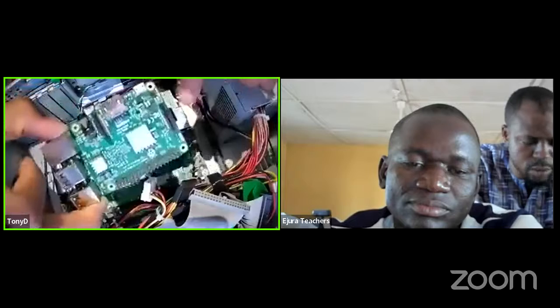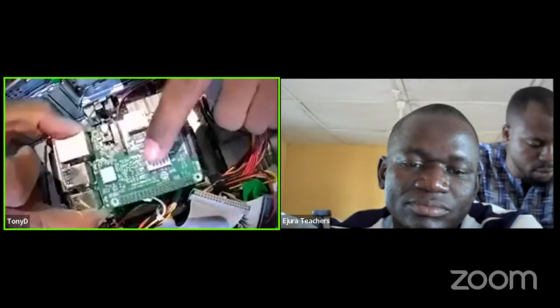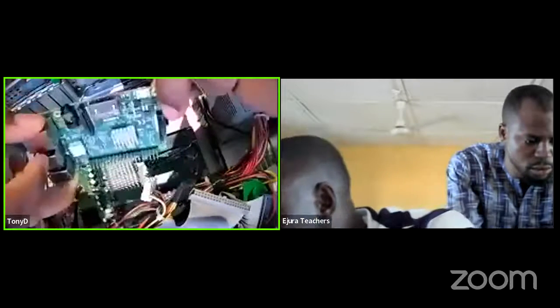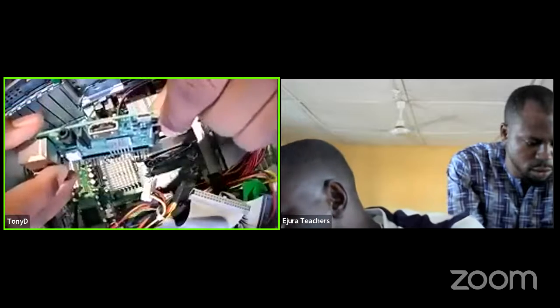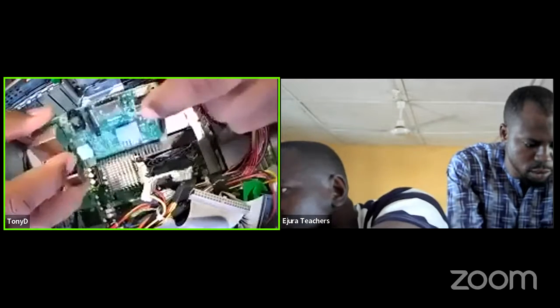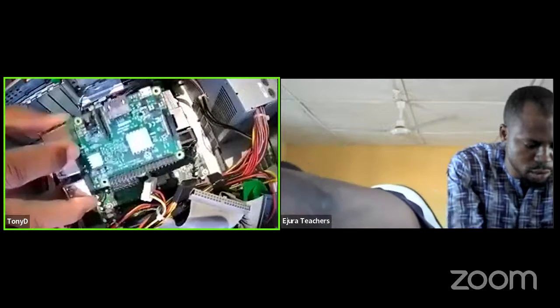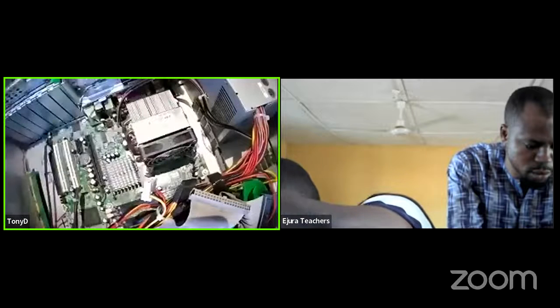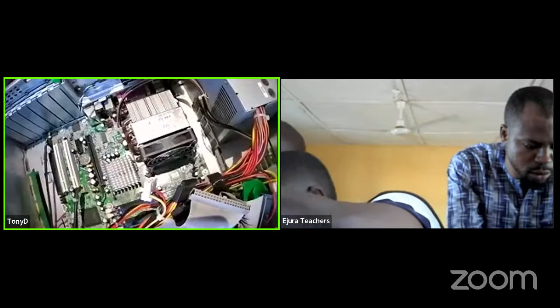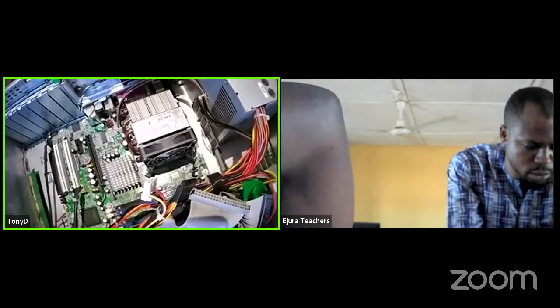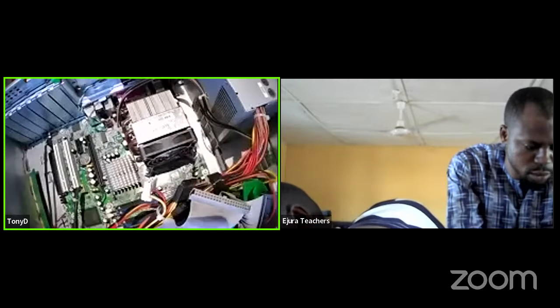So the CPU of this computer is up here, sitting underneath this. Do we see it? Right, so that is where the CPU is sitting.